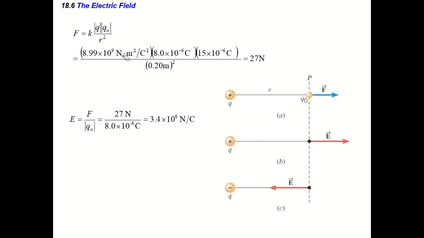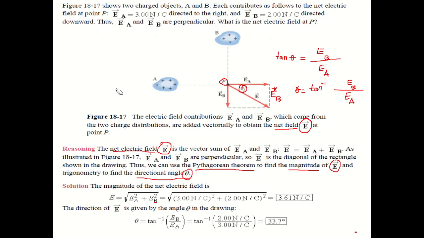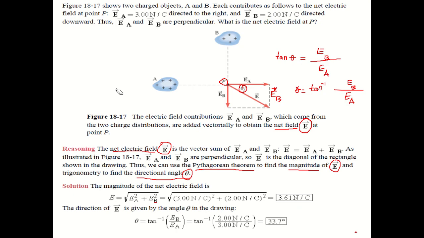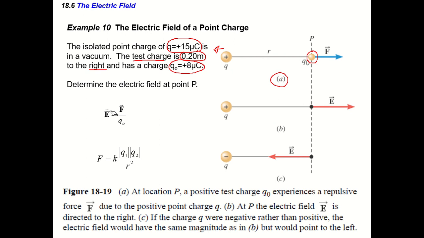This is given, and this is calculated, based on the standard value for epsilon sub 0. After substituting, we get 27 Newton. To solve for E, we just use this formula for E.